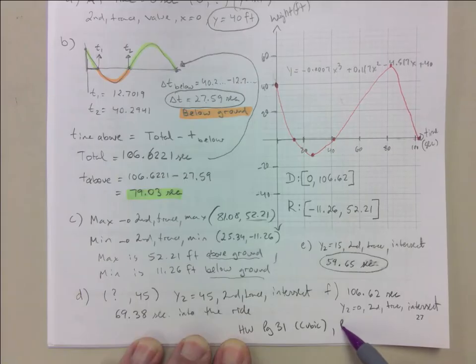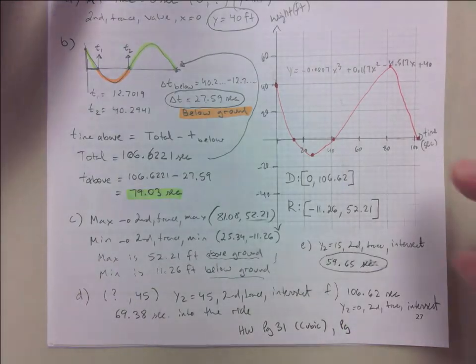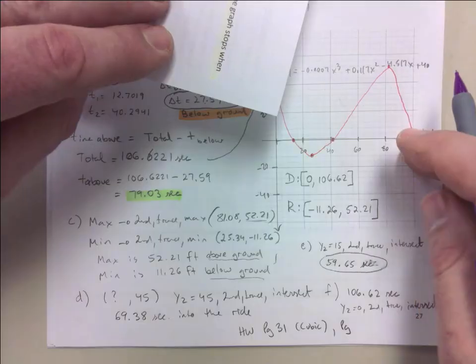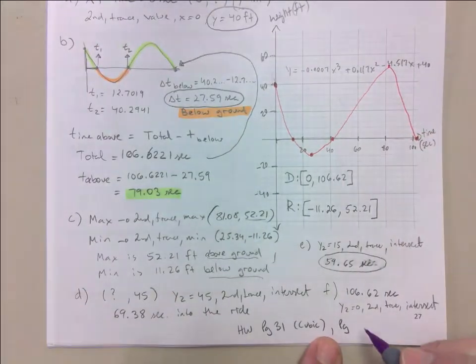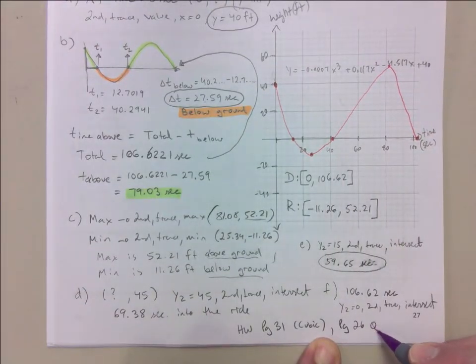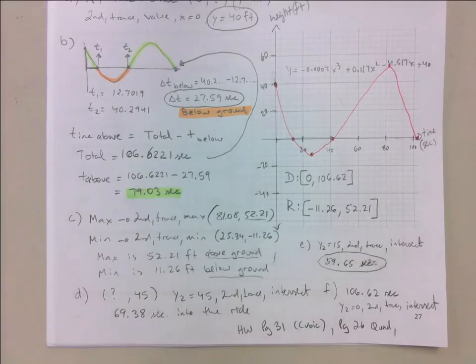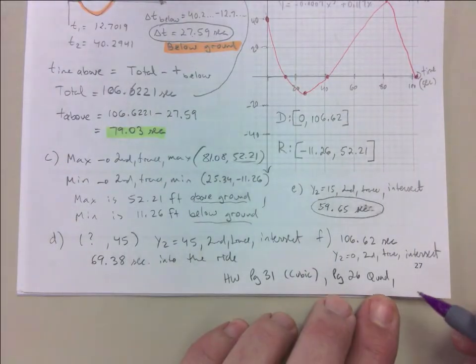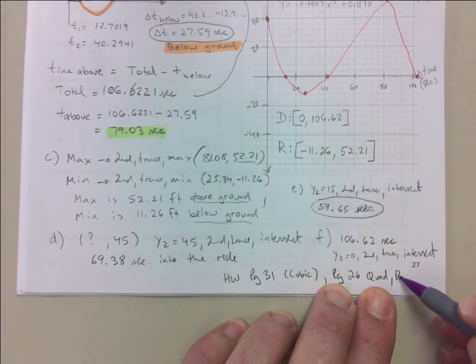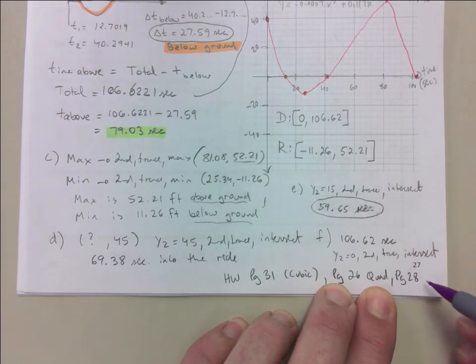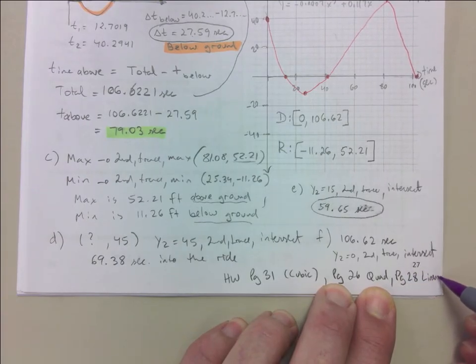Then I want you to try page 26, I believe, if you haven't done it already. Is a quadratic. Oh, you can't see that, sorry. Camera person is not very good today. Then I want you to try page 28. That's a linear.